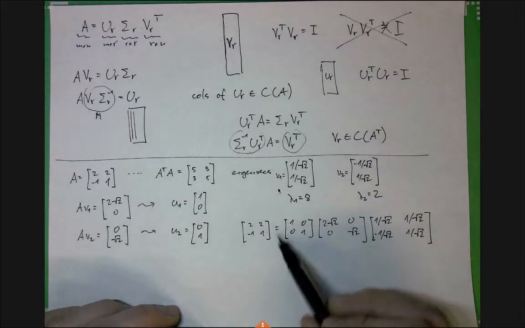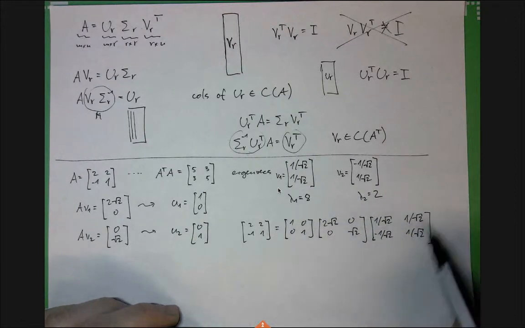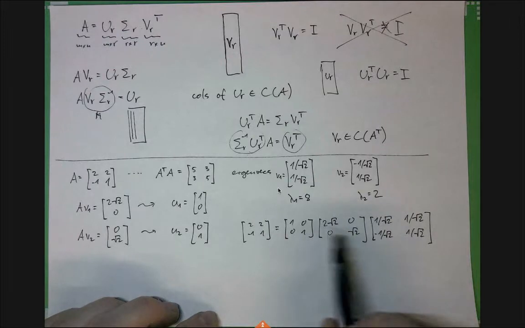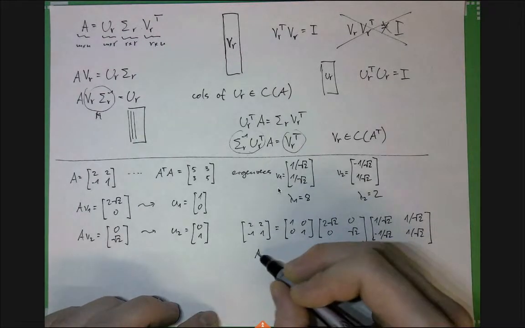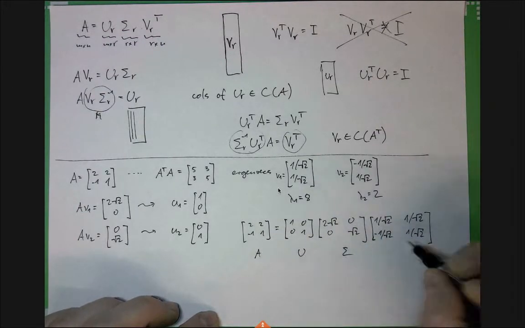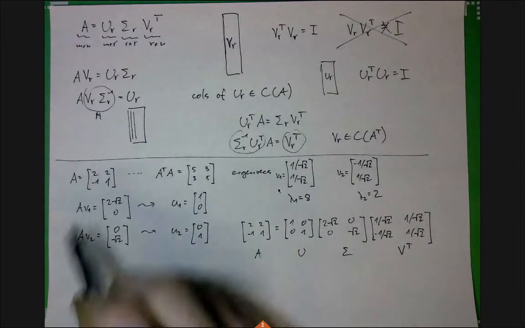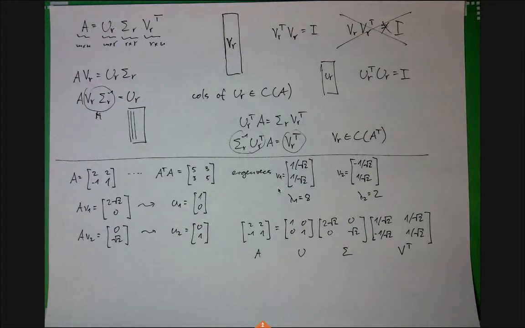And obviously, you can check that this is orthonormal. This is a diagonal matrix, and this is exactly the SVD decomposition for this matrix. This special case had full rank and was square, so we don't see any null spaces here because the null spaces are trivial in this case.